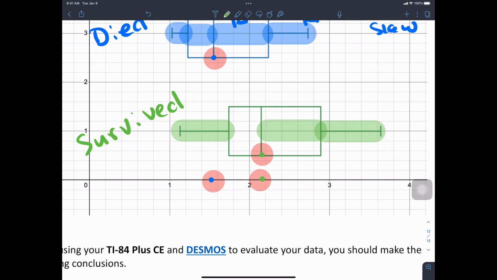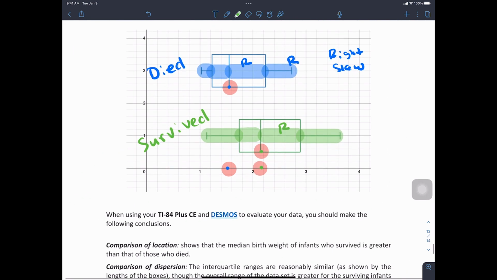What do you guys have here? The right certainly is longer than the left in the box there, right? So guess what I would say? They're both right skew. I would think that most of the data is on the left. I would have thought it would be left skew because, again, survival and more weight, but not necessarily.